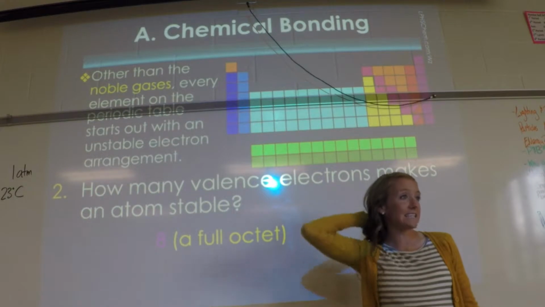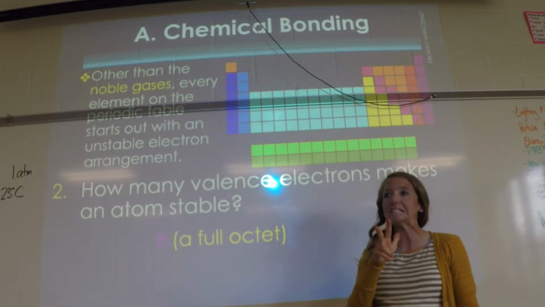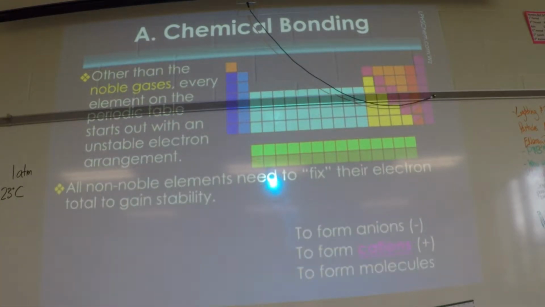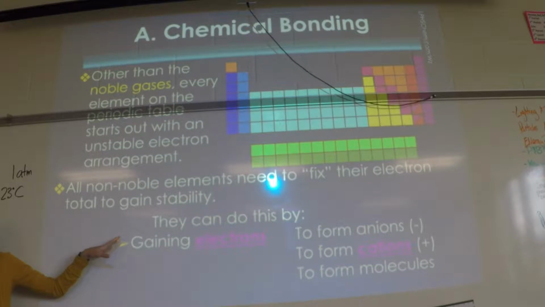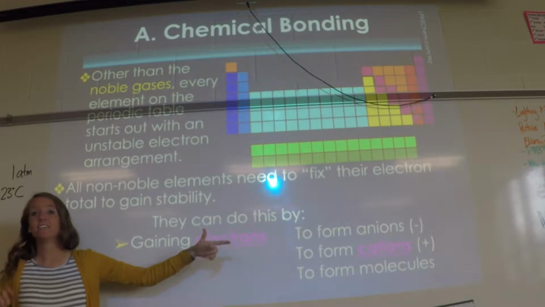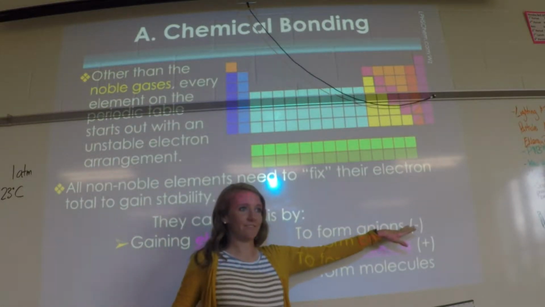So what we're going to talk about for the rest of the day are the 3 different ways an atom can do that. Our first option is atoms can gain electrons. If I only have 6, I gain 2 more, I now have 8. Keep in mind that when something gains electrons, their charge is negative.